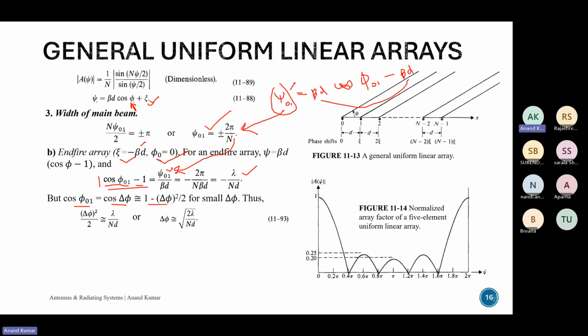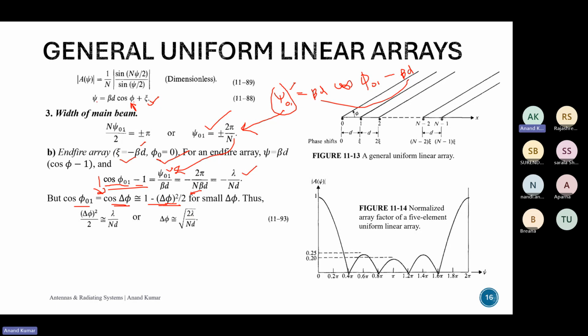The expression cos delta phi upon expansion can be written like this. Just refer to a math textbook and you can get the polynomial expansion. We're not taking the higher order terms because delta phi is small.